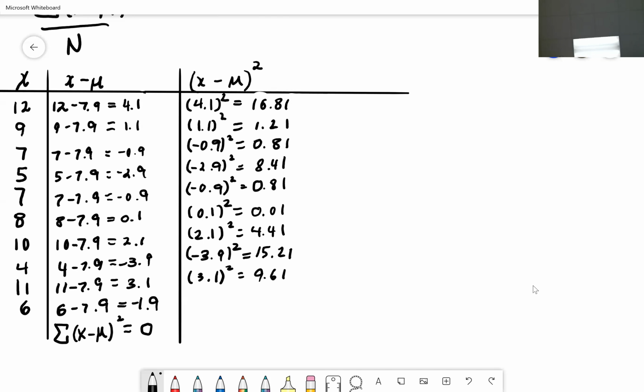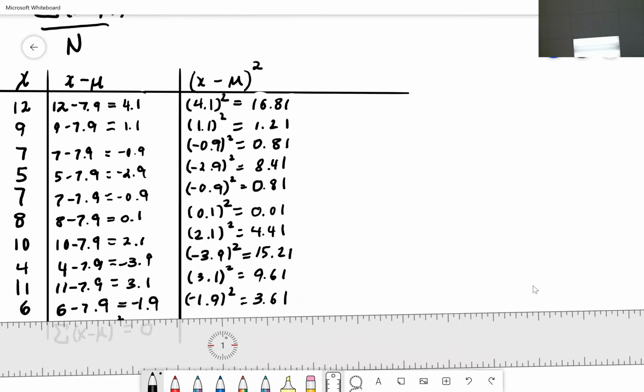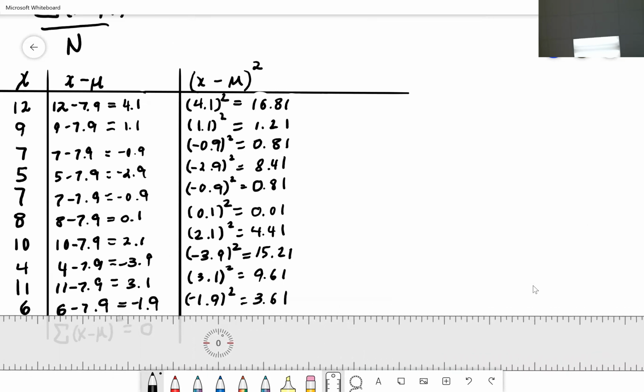And then you have negative 1.9 squared. And that's going to be 3.61. And now you've added everything. Now you've found everything. So now your next step is to add all these up.